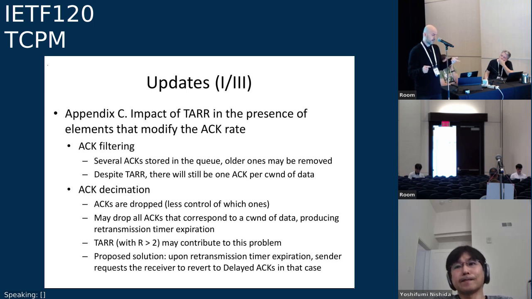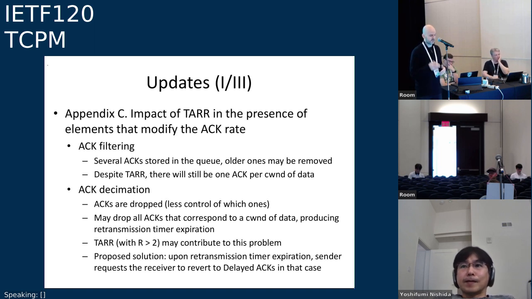And in fact, if we use TARR with an ACK rate greater than 2, it may contribute to this problem because it will reduce the number of ACKs that will be sent by the receiver. So here we would propose a rather conservative solution, which would be that upon retransmission timer expiration, the sender would request the receiver to revert to normal delayed ACKs operation. Next, please.